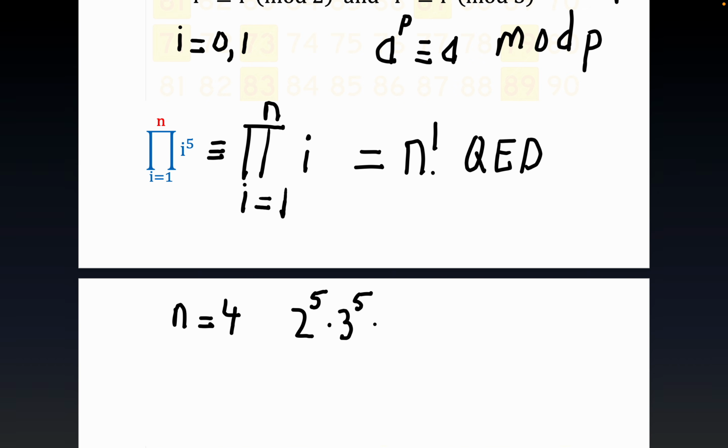You might think you need a calculator, but you don't on these kind of problems, really. Times 4 to the 5th, right? That's exactly what this part is right here, right? Now, we're saying it's congruent to 4 factorial. Okay, we're saying that it is congruent to 4 factorial, or 24. So let's just write this. Congruent to 4 factorial.